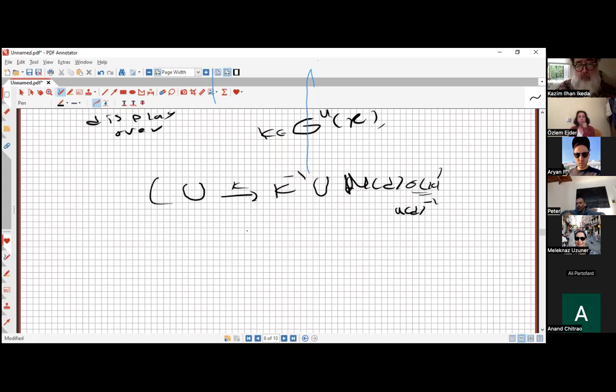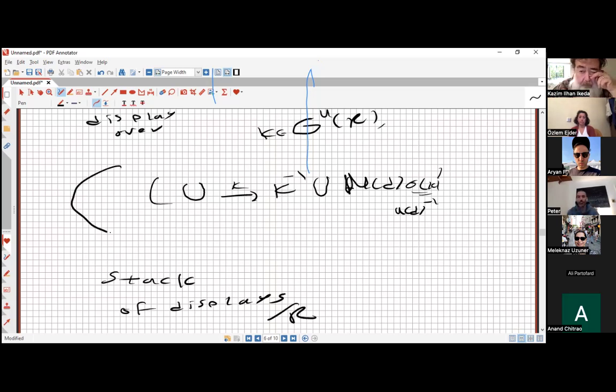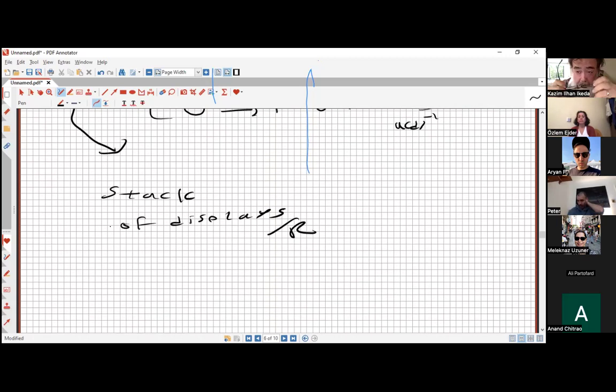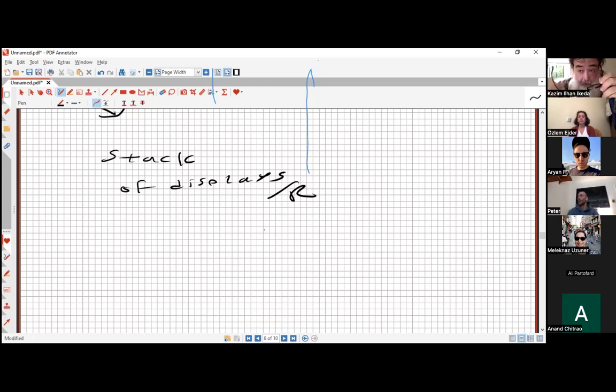But this is not a stack. We should stackify it. We should take the objects we are getting by descent to get a stack of displays overall. So I define the prestack. You can associate a natural stack. It's the G mu. Well, this is the group theoretic version of the notion of display.